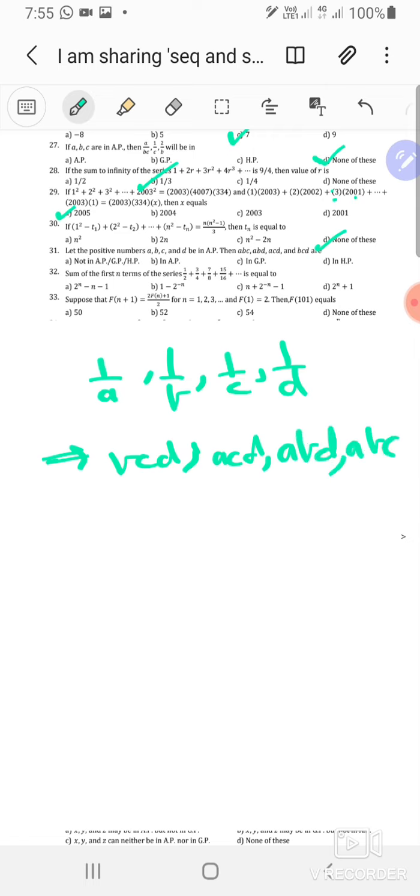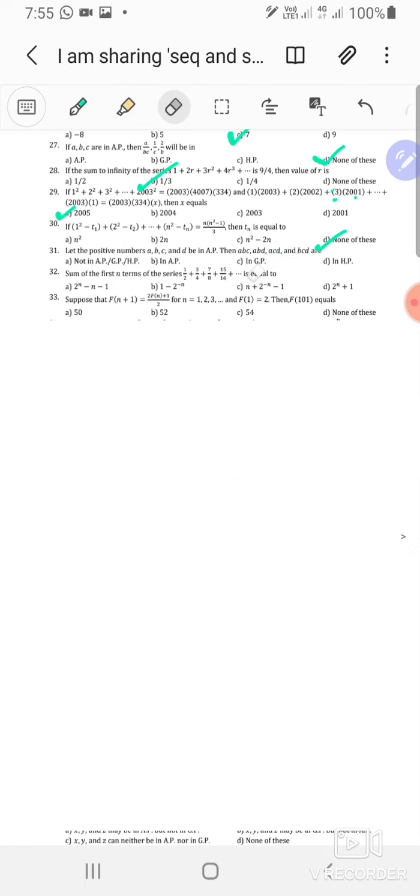That tells me that these numbers are also in a harmonic progression, right? It's just this series, but in reverse order. So let's move on. So this is in harmonic progression.